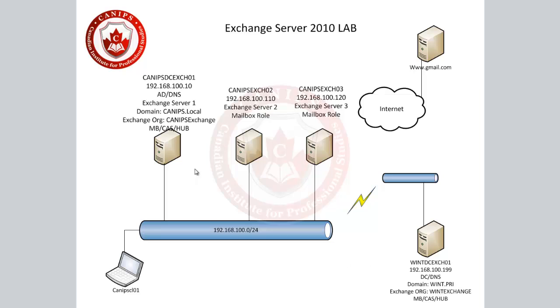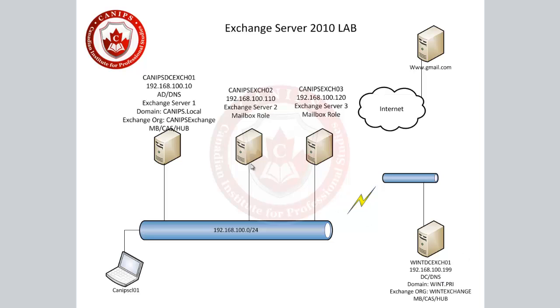So we can create a forwarder, a conditional forwarder, a secondary zone, or a stub zone. So I can create a stub zone pointing to this domain and this stub zone pointing to this domain. Although stub zones won't work properly, so we'll go with the simplest solution. We'll create a forwarder from here to here and here to here, and then we'll ping by name.